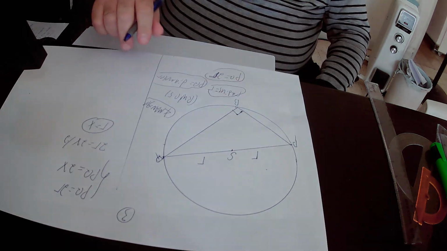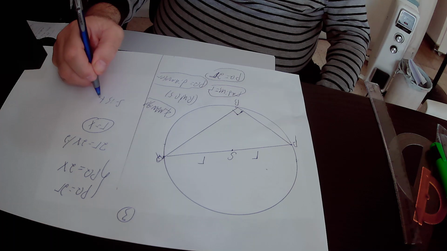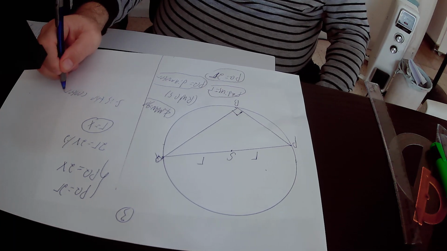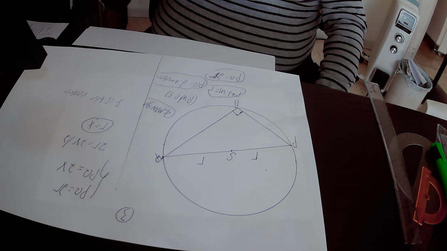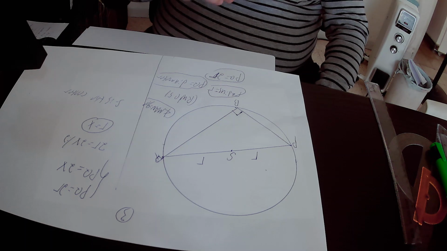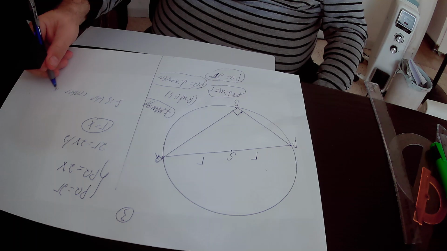So I can write down here that point S is the center of the circle, because the center of a circle is the point where all the radii touch each other.